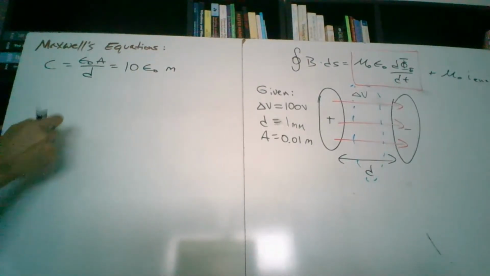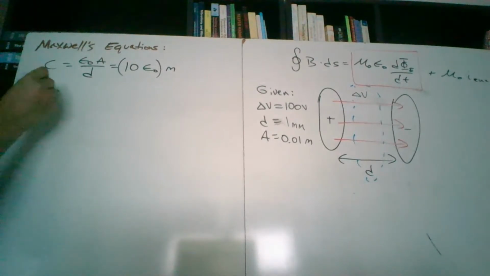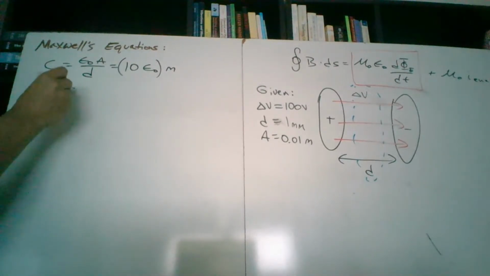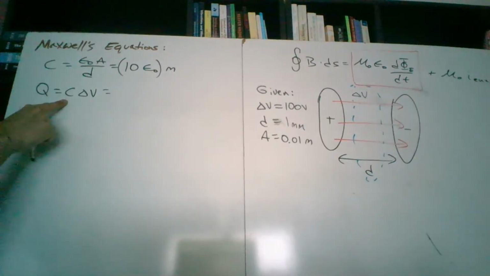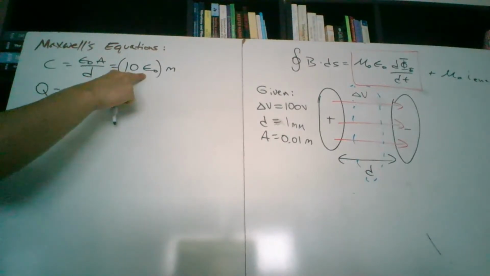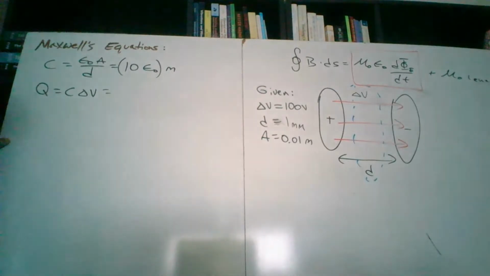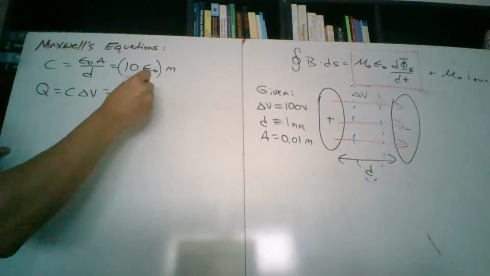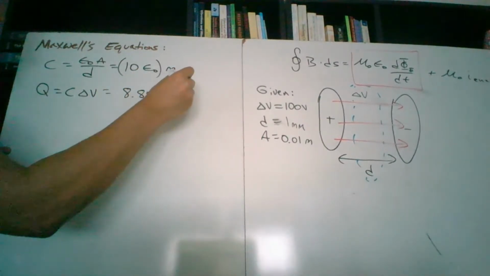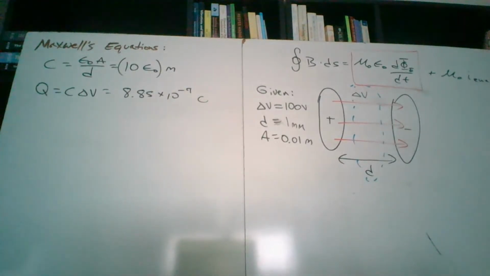Something else we can solve for is the charge Q, which is equal to C times delta V. C is 10 epsilon naught, and delta V is 100, so we end up with 8.85 times 10 to the power minus 9 coulombs. So that's Q.